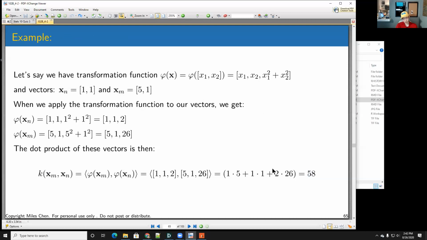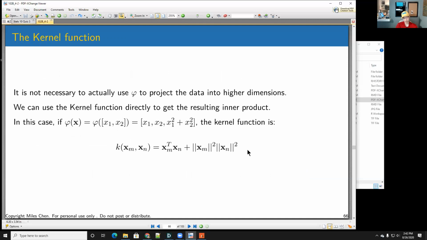And the thing is, you don't actually have to transform it into 3 dimensions and take the inner product. That's a completely valid way of doing this, but in this case, if this is the transformation function, the corresponding kernel function is going to be the inner product of xm and xn, plus the norm of xm squared times the norm of xn squared.